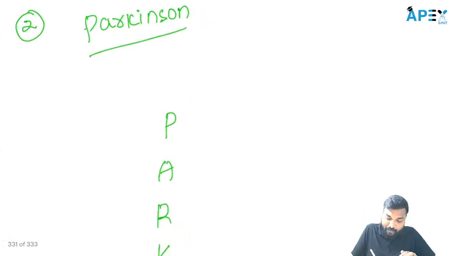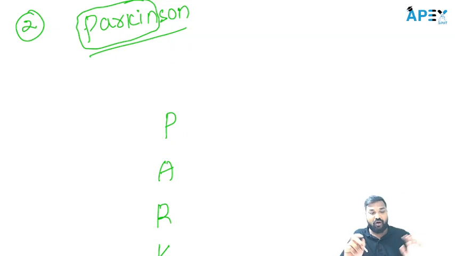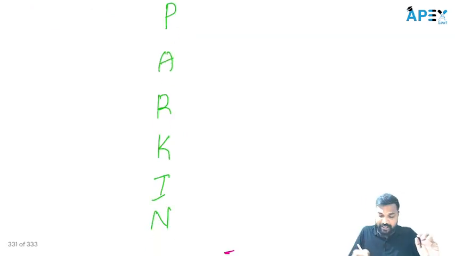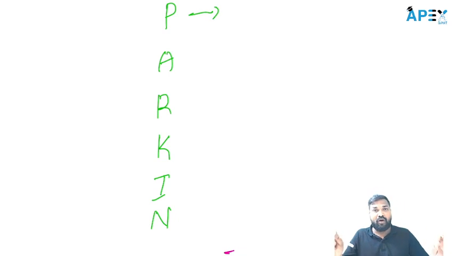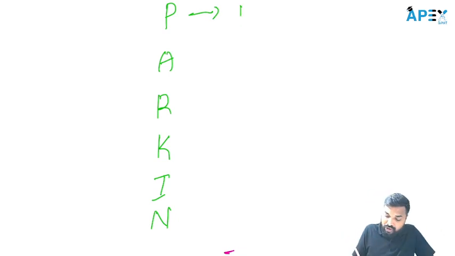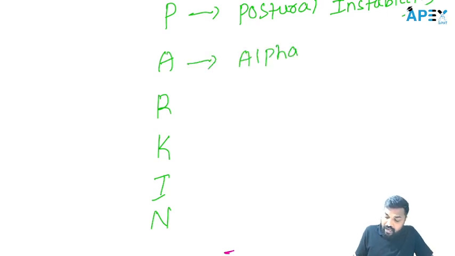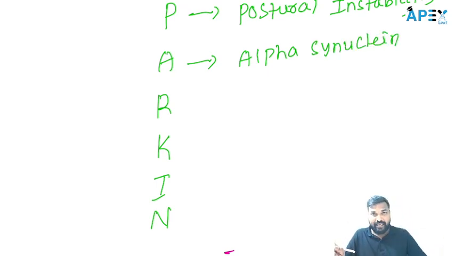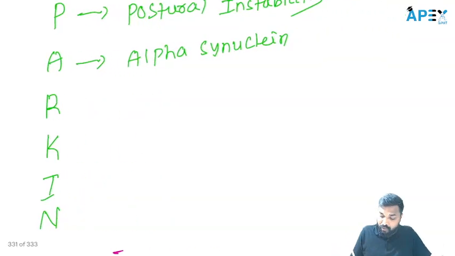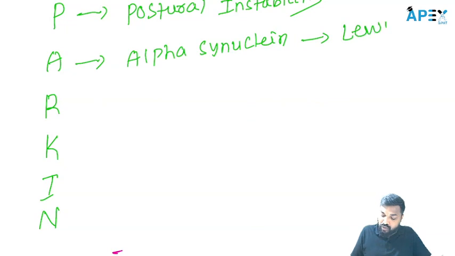P is a symptom of Parkinson's, postural instability. A is alpha-synuclein. Which protein defect causes Parkinson's? The alpha-synuclein protein, and it produces the Lewy bodies.